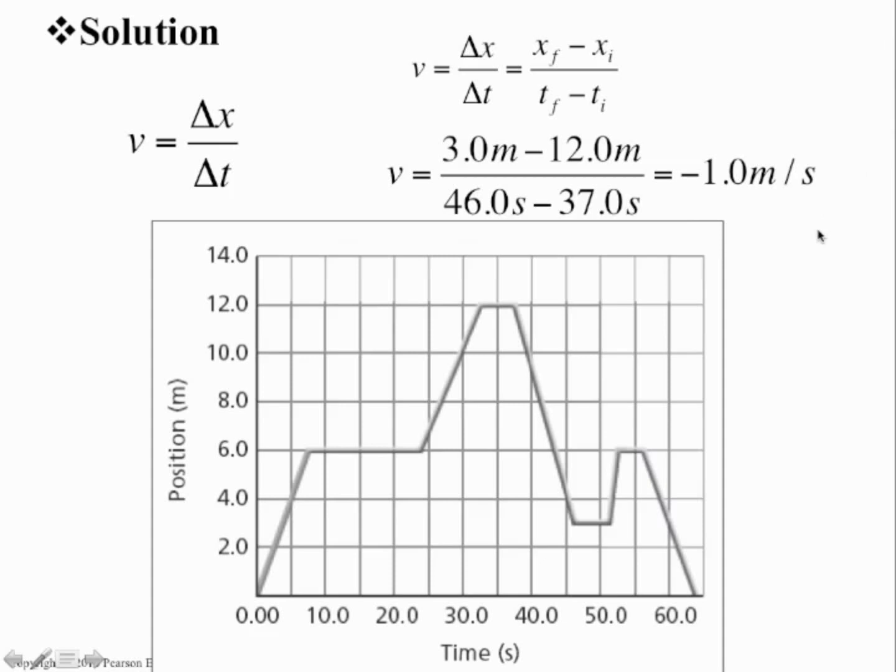And so this is Chris's velocity between 37 seconds and 46 seconds. Since we define the positive direction as going away from the origin, the negative direction is going back to the origin, going back to the position of 0.